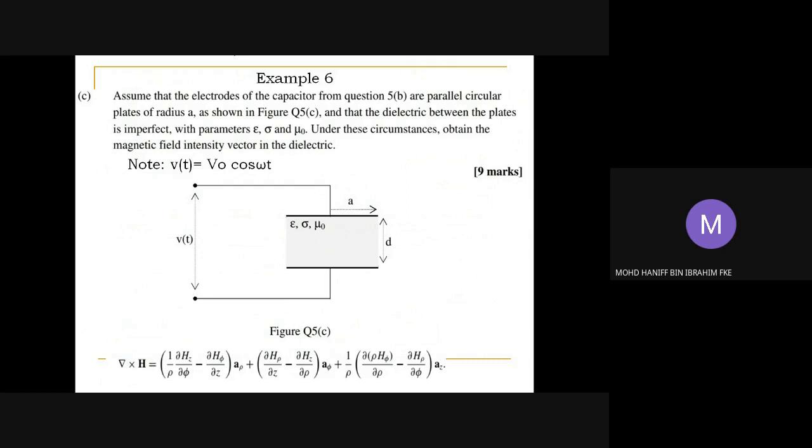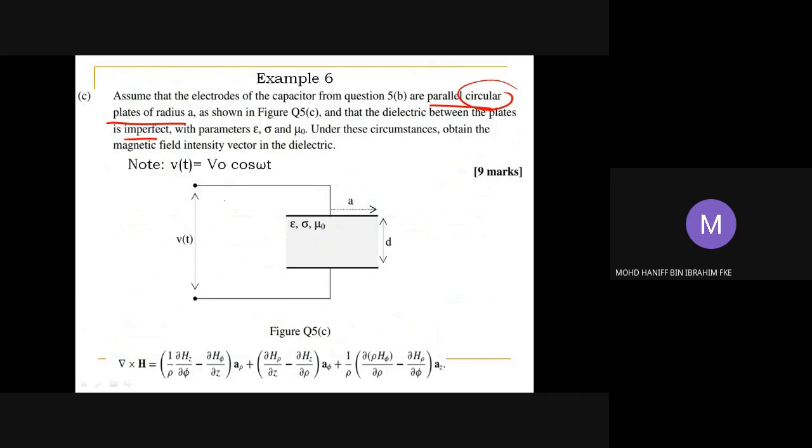Okay, so we go back to this example number 6. Again, we are referring to the capacitor problem, which has parallel circular plates of radius a. So it means that should be your capacitor structure, which is circular in terms of the cross section of the plate, and the dielectric between the plates is imperfect, with parameters epsilon, sigma, and mu naught.